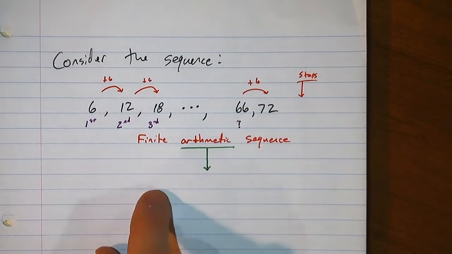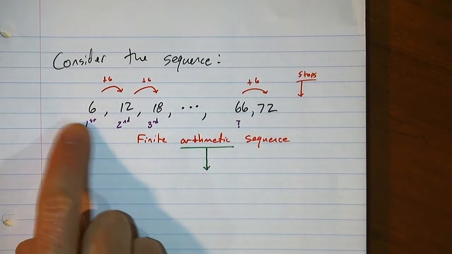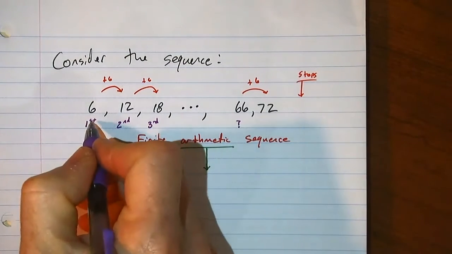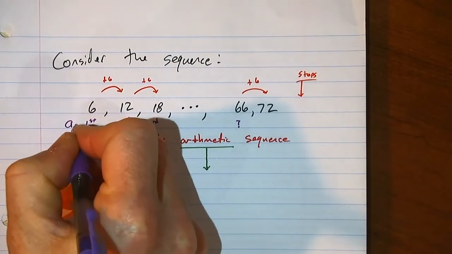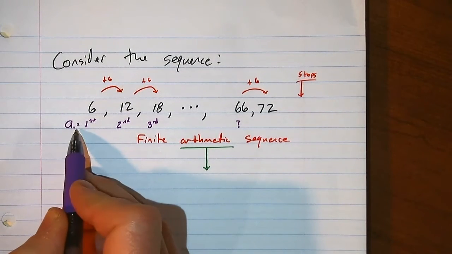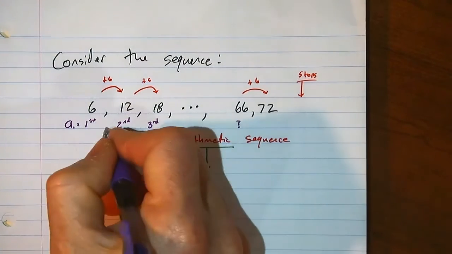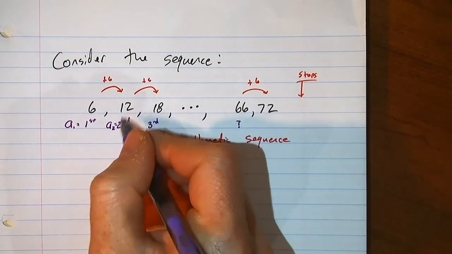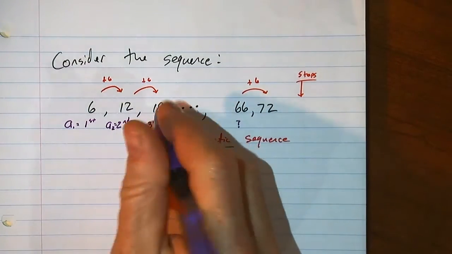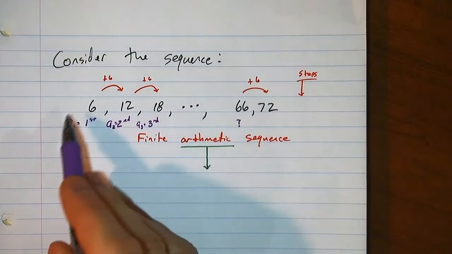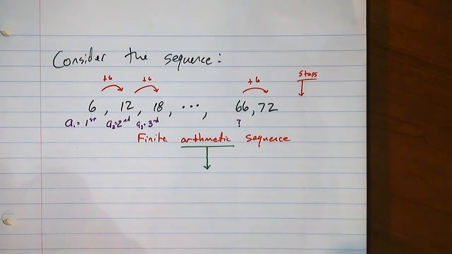With an arithmetic sequence, because they go in a particular order, what we talked about is that this gets called a sub 1. That means that when we worked with the formula, we plugged a 1 into the formula to get 6. And this is called a sub 2, meaning that we plugged a 2 into the formula to get 12. And this one, a sub 3, and so on and so forth. One of the things we talked about is that this makes the formula work sort of like a function.